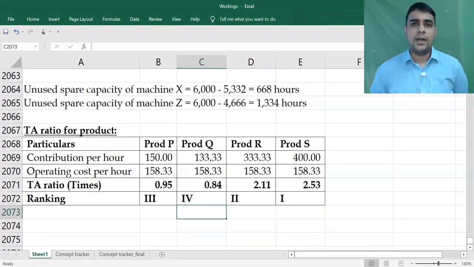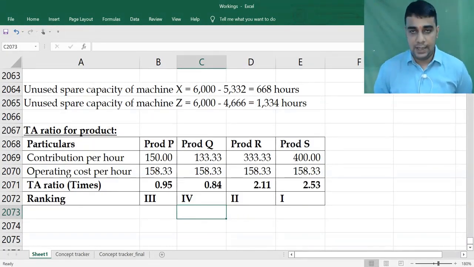My operating cost per hour for 6,000 hours is 9,50,000. You use it for any product, you are spending technically 158 rupees. If the factory is running every hour, the factory is spending 158 rupees per hour. Whether you use it for product P or Q or R or S does not matter.